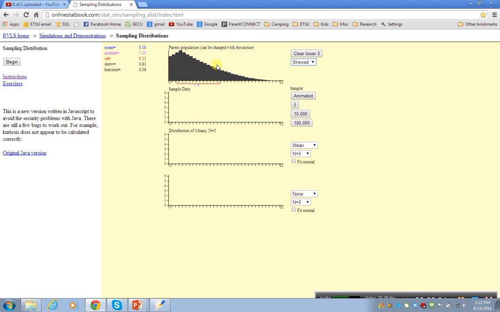So here's a skewed distribution. And I'm going to look at an example of what we're actually doing. If I draw a sample of 5, this is exactly like what I was doing before. I take a sample of 5 numbers from my distribution and I plot the mean.